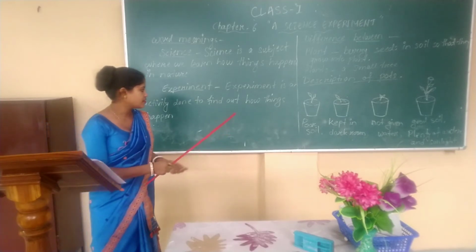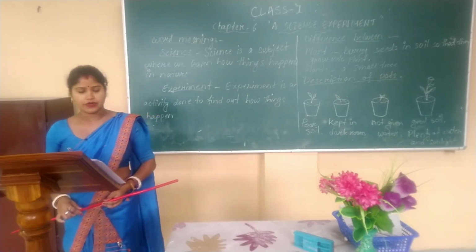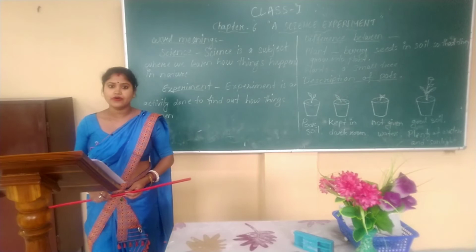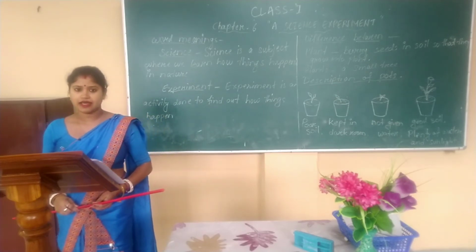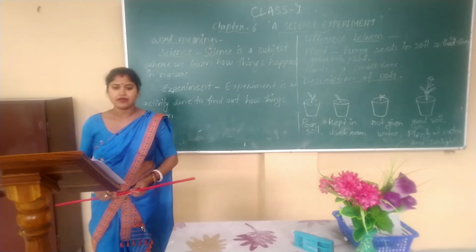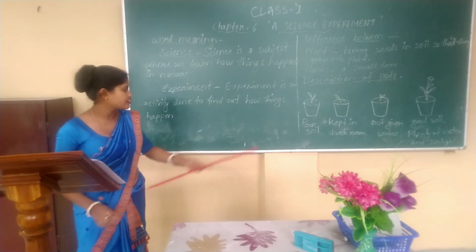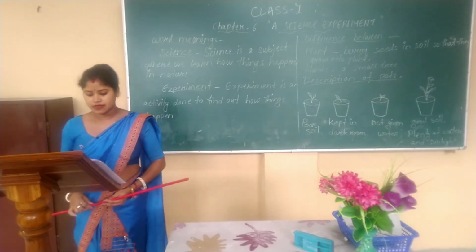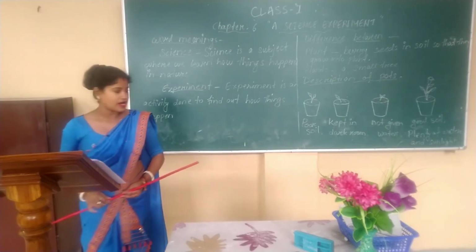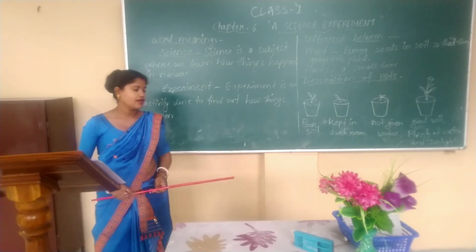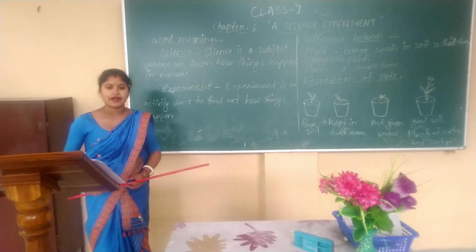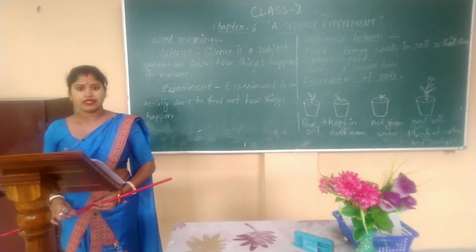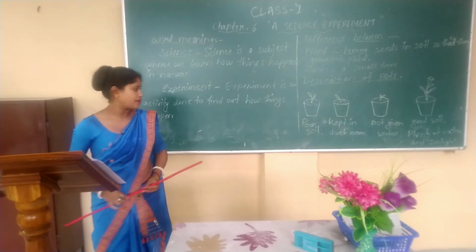And the second pot was kept in the dark room. As we all know, without sunlight, a plant cannot survive longer, and so with the 3rd plant. But the 4th plant had good soil, had plenty of water and sunlight, so it grew faster in comparison to the 3 pots.